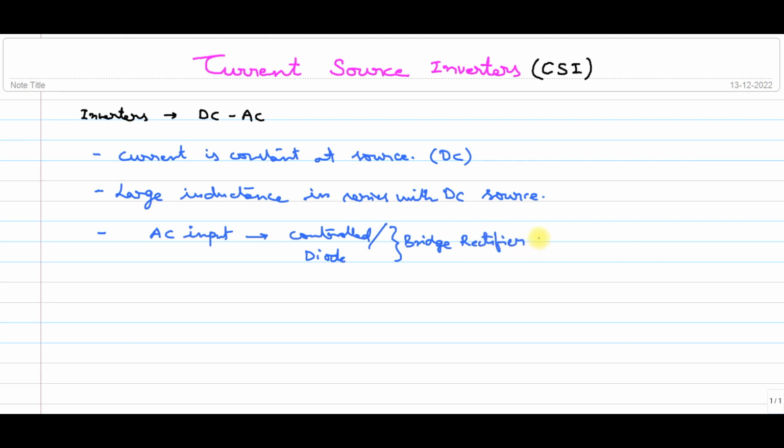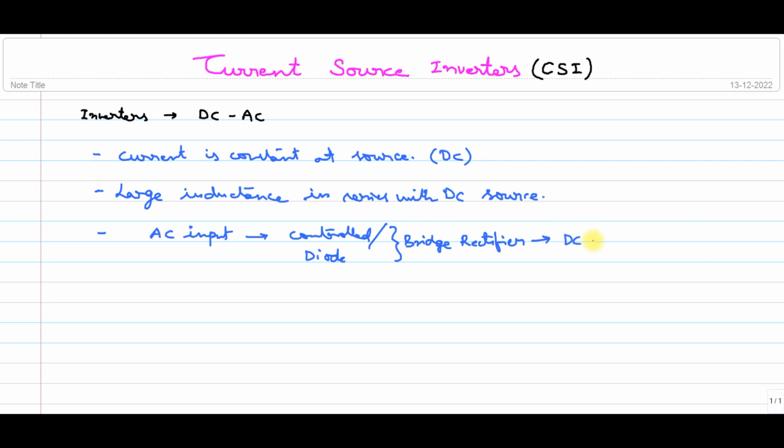If we take DC from AC using a controlled or uncontrolled bridge rectifier, we will definitely get DC, but maybe pulsating DC.